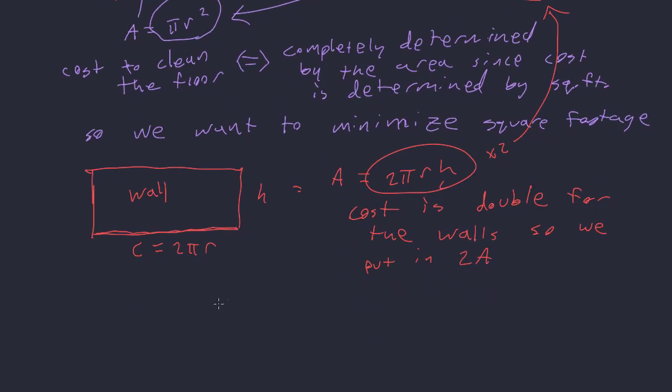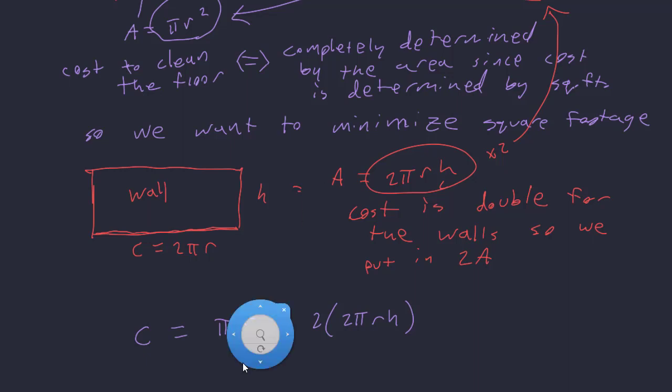So when it's all said and done, our cost function, or in other words, our square footage function, is the area of the floor, which is pi r squared, plus 2 times the area of the walls.